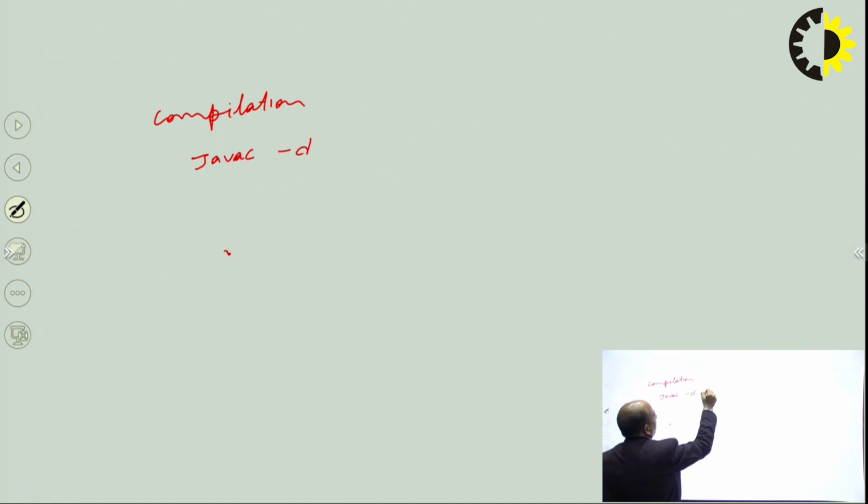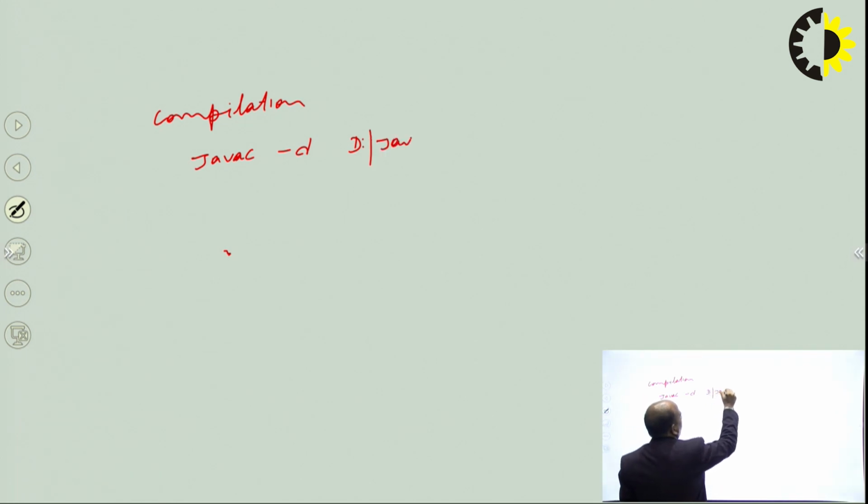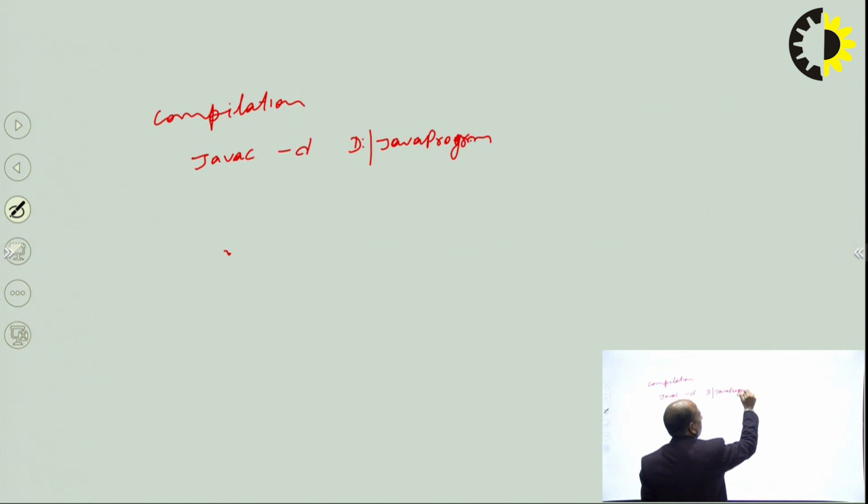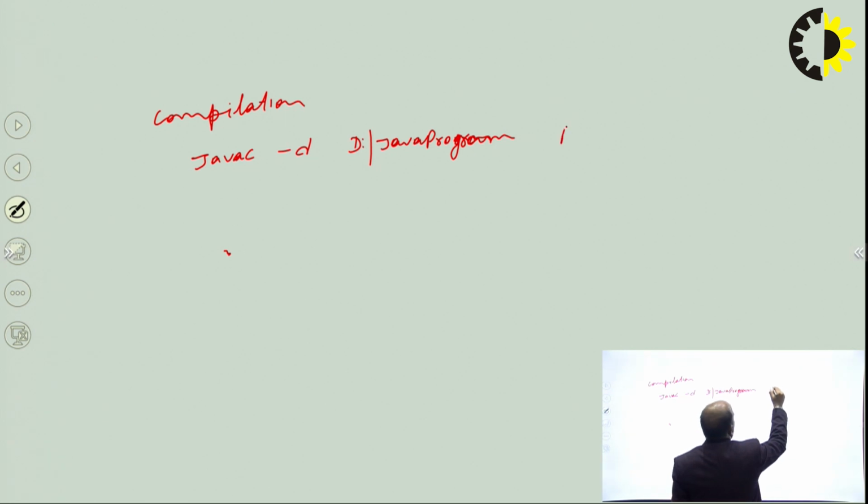To compile the code, I will write javac space -d space, let's say I am forwarding my .class file to the D drive Java program folder, and here I am compiling my a.java file.